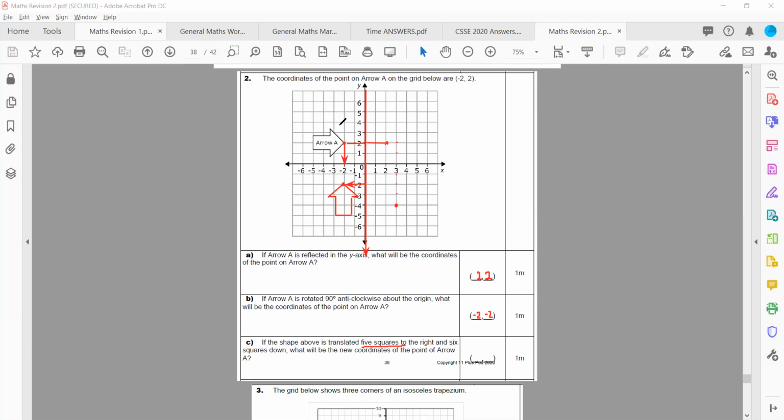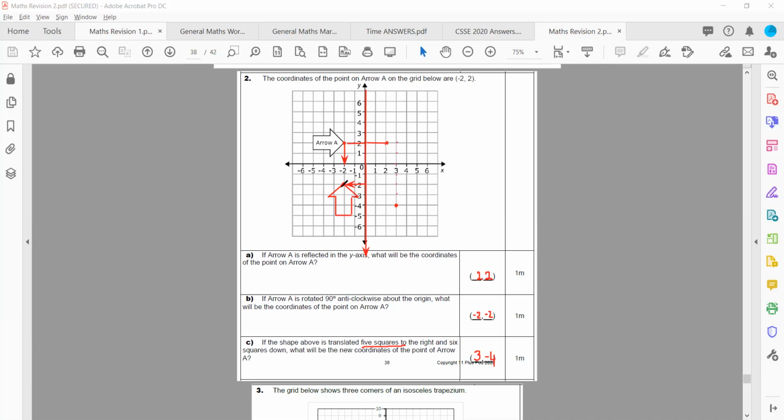So the point on arrow A would land here, and the new coordinates for point A would be 3 on the x-axis and -4 on the y. Now, in the GCSE, this will be much clearer as to which shape you are translating. But if it doesn't tell you, it's always the original shape, okay? Unless it's asked you to draw the shape in.